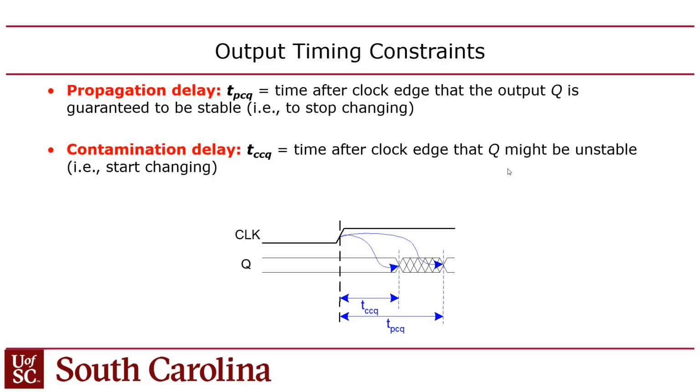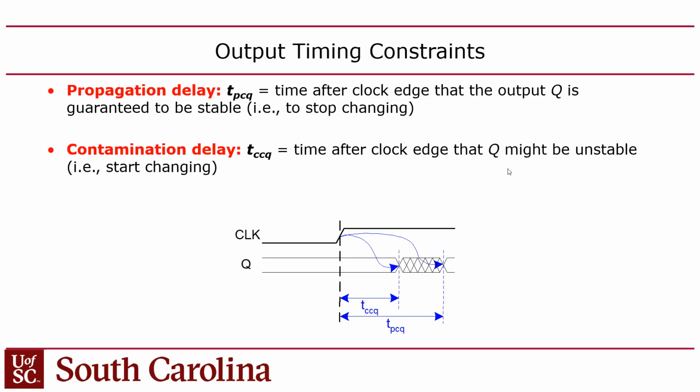Okay, but we have to talk a little bit about guaranteeing that. One of the other things you have to consider is two more technology parameters. The flip-flop itself has its own propagation delay and contamination delay. Why? Because the flip-flop is just gates, ultimately, right?